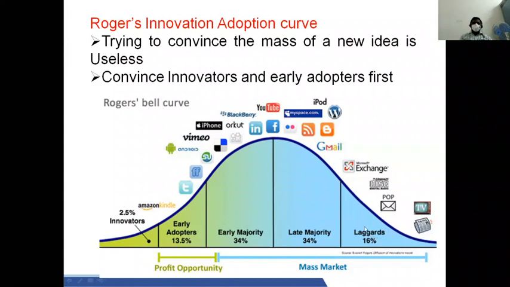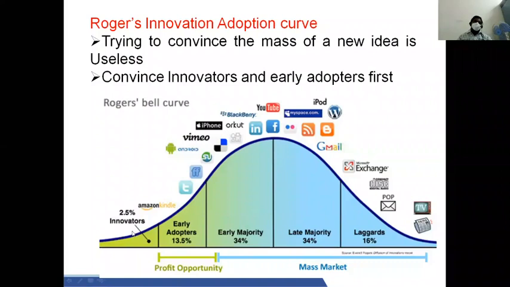If you look at products, laggards means the people who are using outdated products. For instance, the conventional TV, the older version of television, traditional postal mail, and CDs. They are outdated, but people still use them. They all come under this category.